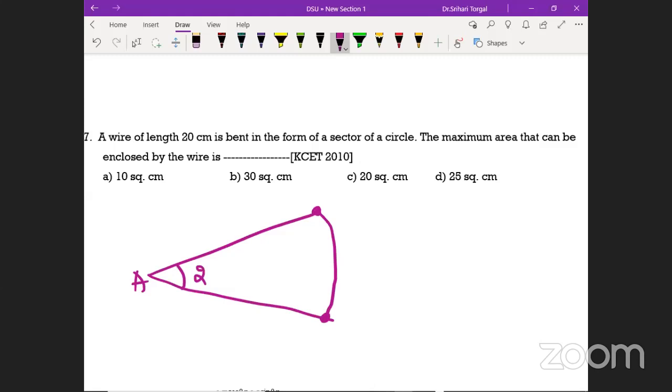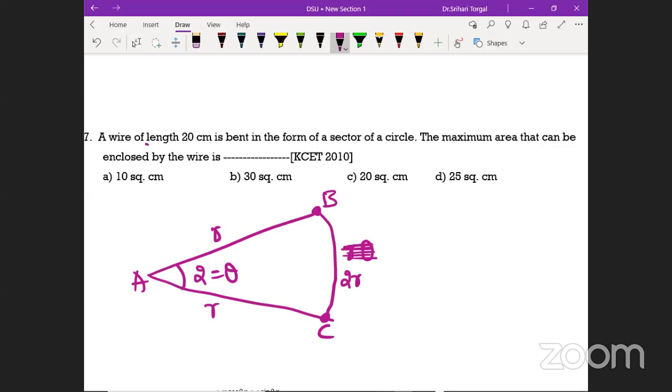So if I take this as A, B, and C, and I take the radius R, then this length BC must be R theta, and we know that this theta is equal to 2 now. This will be 2R, right?